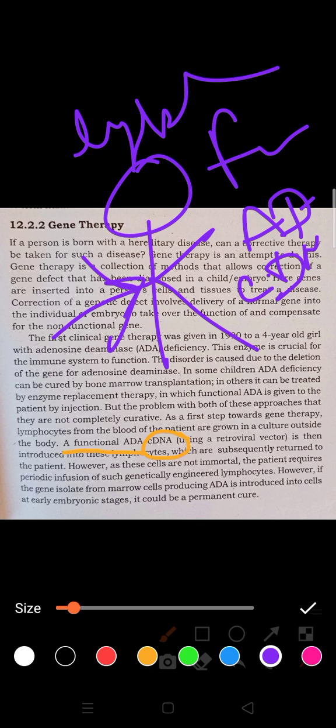By the advanced ultrasound we can easily identify that this embryo is having some disorder. And the treatments are there in the early stage of embryonic development. Okay, I hope this is clear.